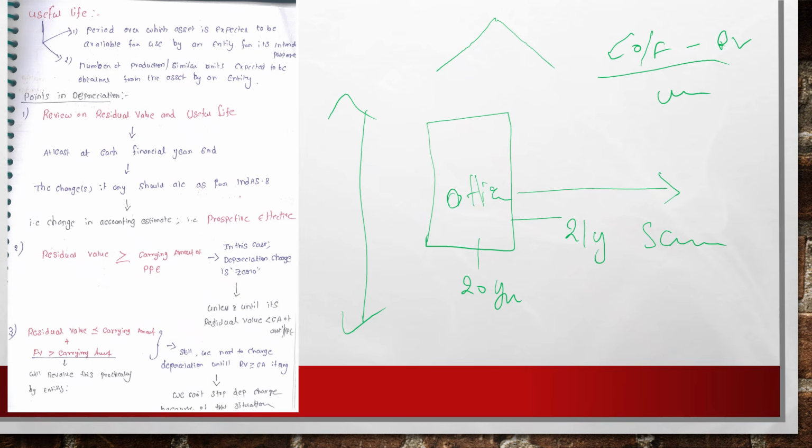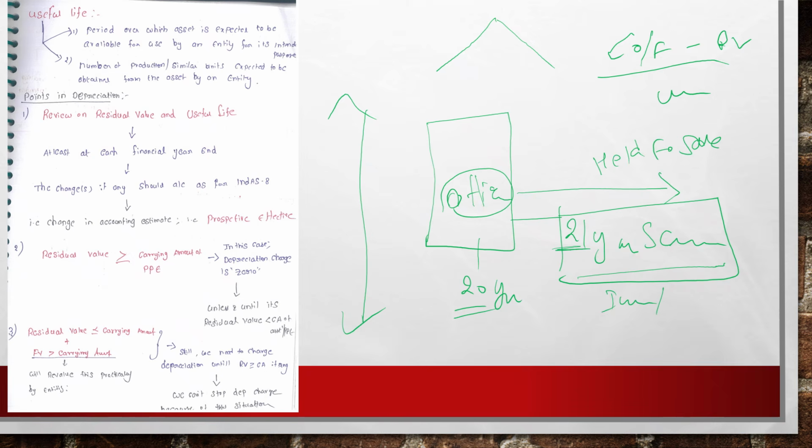You may hold that asset in the 21st year also, for the name's sake, or because of inflation characteristics and market conditions. But you should not consider depreciation for the 21st year, because the intention to use for office purpose is for 20 years only. For the 21st year, you classify that as held for sale.